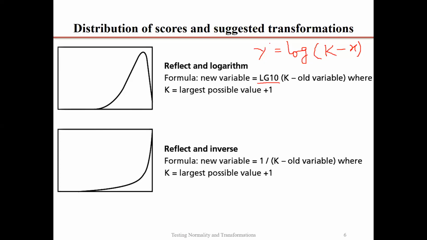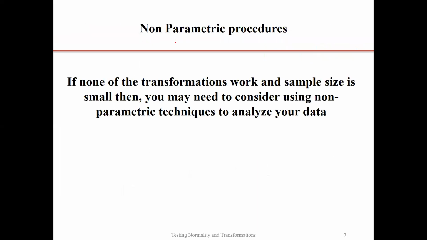If the transformed variable still does not meet the assumption of normality, then you can use another transformation and so on. If after applying 2 or 3 transformations, we are unable to meet the normality of the data, then there is a last option, which is a non-parametric procedure.